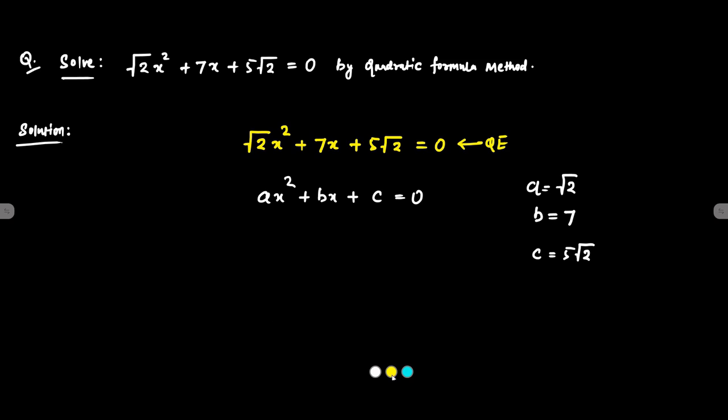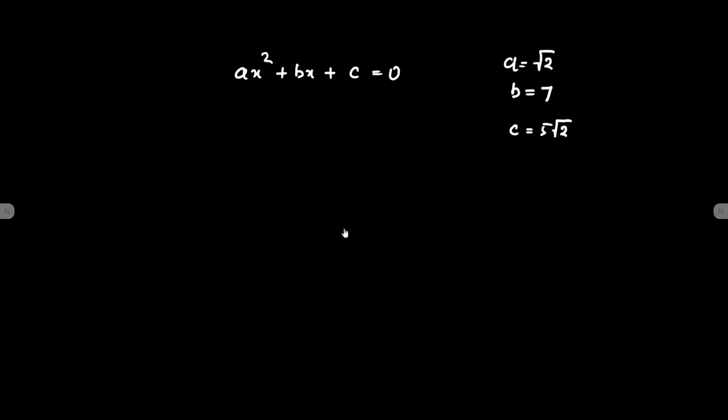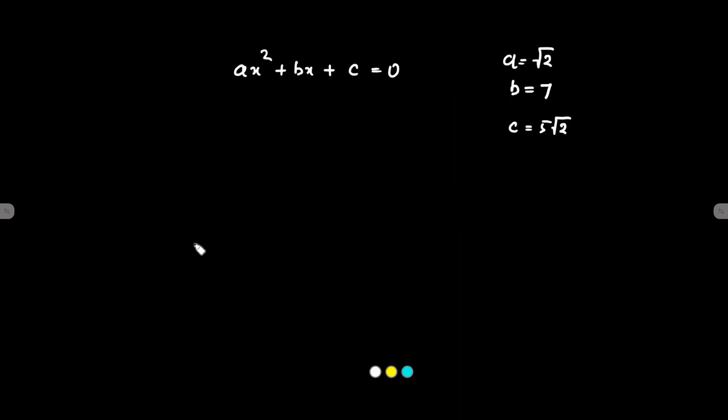So now the values of the two roots of the quadratic equation can be determined by using the quadratic formula approach. The two roots are minus b plus minus root over of b square minus 4ac by 2a.